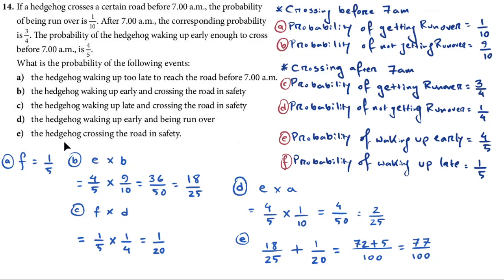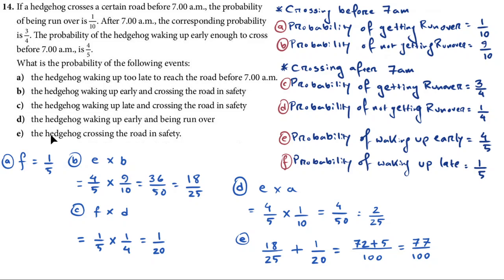Now for part E, it asks us to find out what is the probability of the hedgehog crossing the road in safety. So from this we need to understand that it can be either before 7 a.m. or after 7 a.m. So since there is an or, it will be addition. We have already found from part B and C, where it asked that the hedgehog waking up early and crossing the road in safety, also the hedgehog waking up late and crossing the road in safety.